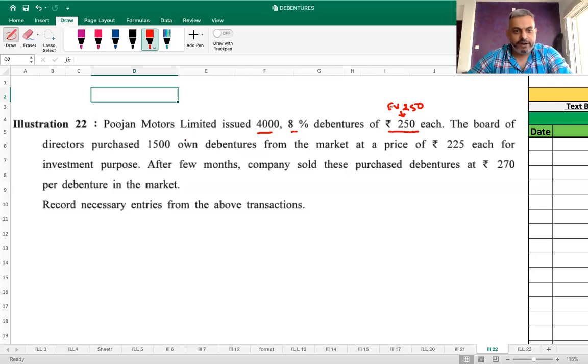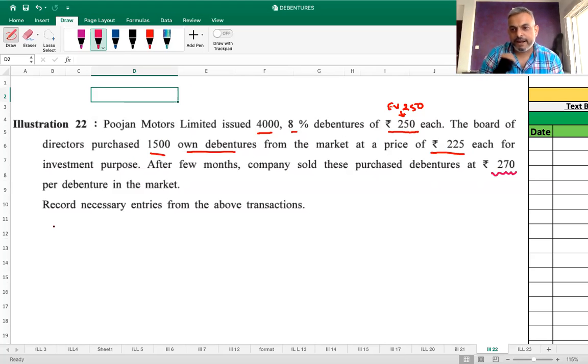The board of directors purchased 1,500 own debentures from the market at a price of rupees 225 each for investment purpose. After a few months, the company sold these purchased debentures at rupees 270 per debenture in the market. Record necessary entries for the above transactions. Now, here you can see what is happening.